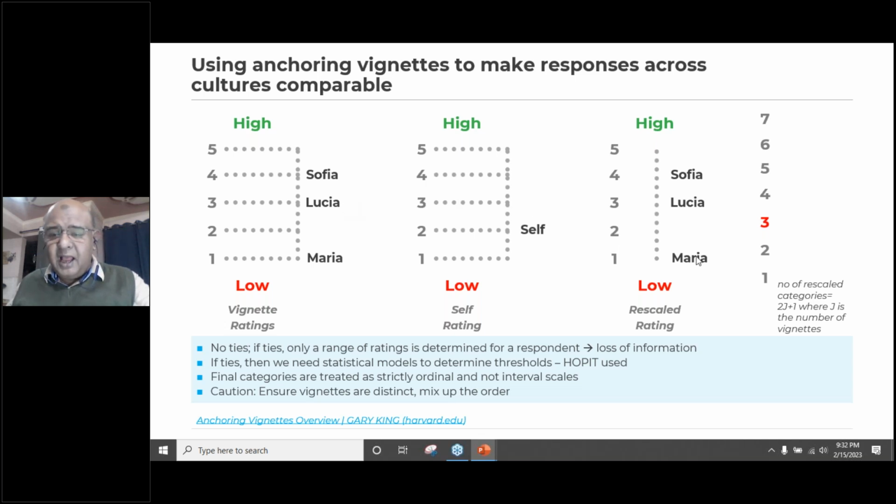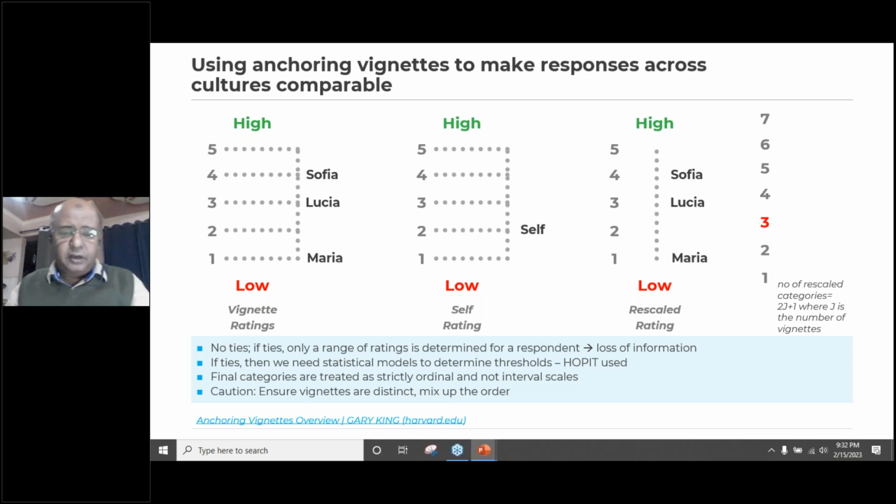If she gave herself a rating equal to that of Maria, we would call that a 2. Since she gives herself a rating between Maria and Lucia, we call that a 3. If she had rated herself a 3, we would have given her a score of 4. So this is how we transform these two ratings into a single scale, which has more definitive real-world content, and where it's easier for us to describe what a 3 or a 4 or a 5 means.